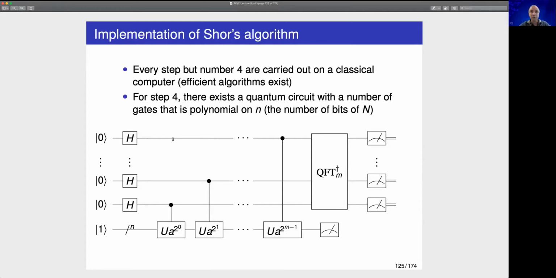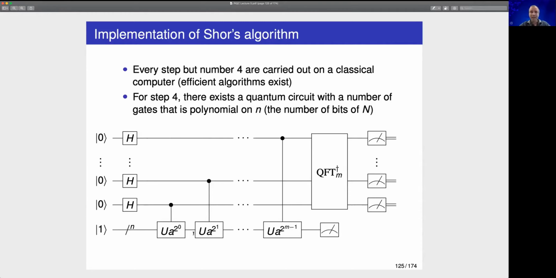Okay, what we do is prepare this circuit here, in which in the top qubits we have first an initial uniform superposition. This is something that we already know how to do with Hadamard gates, and here we have the string that represents number 1 in a binary way. And then controlled by these qubits here, we perform an operation which is the power of a to this exponent here with increasing exponent mod n.